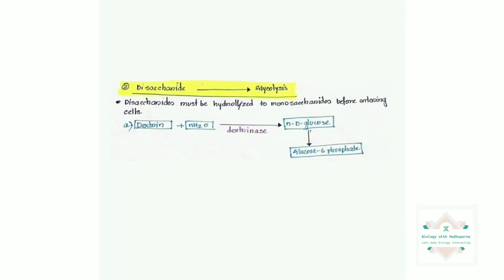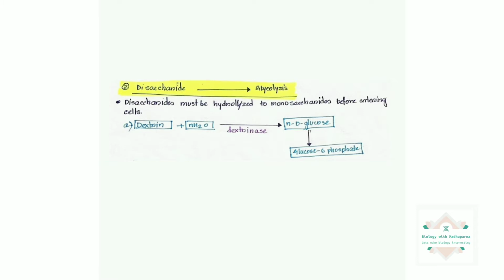So before any disaccharide goes into the glycolysis pathway, it must be hydrolyzed into monosaccharides. The disaccharide completely cannot be processed to go further in the glycolysis cycle. Instead, we need to hydrolyze that disaccharide into monosaccharide form, then it can enter the glycolysis pathway.